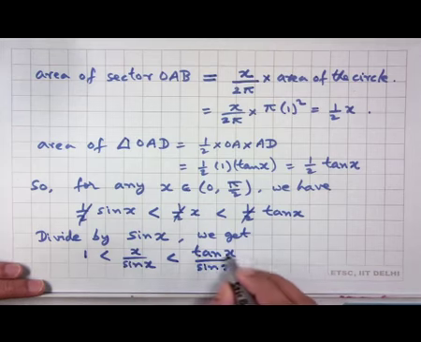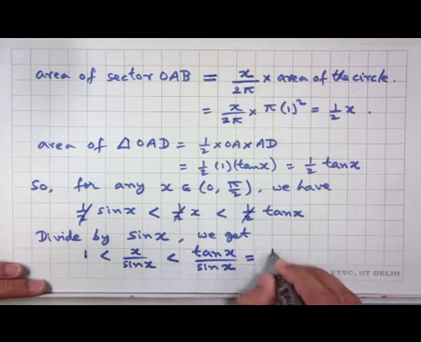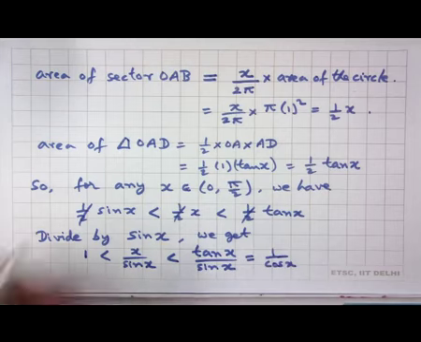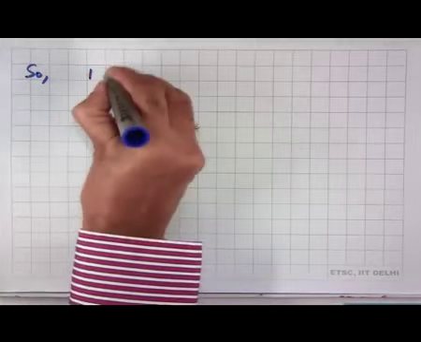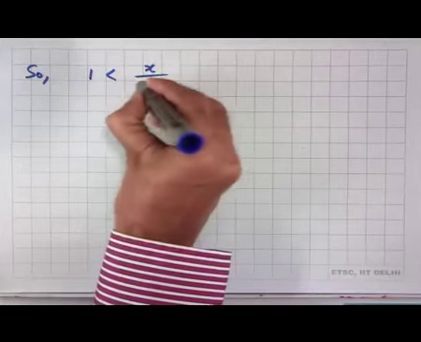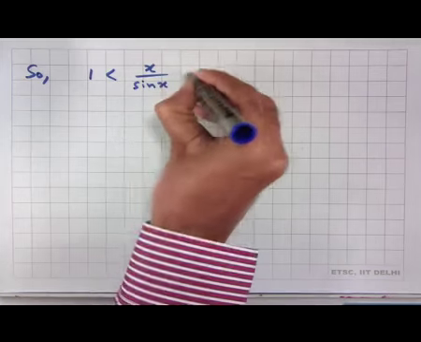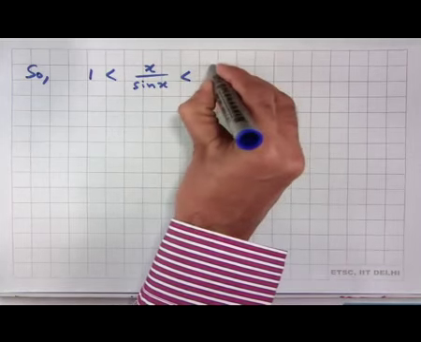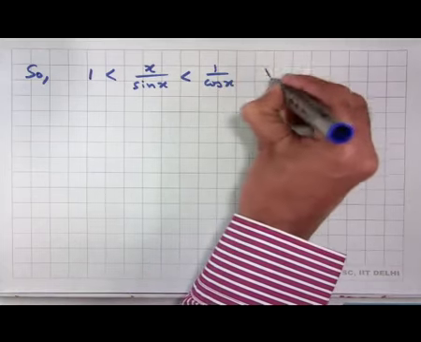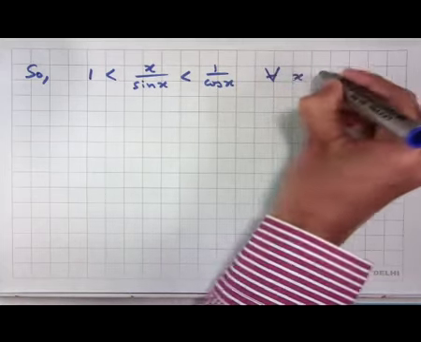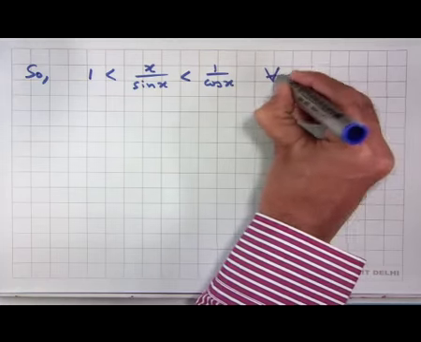But tan x is sin x divided by cos x. So, this is equal to 1 by cos x. So, the conclusion is that 1 is less than x by sin x, which is less than 1 by cosine of x for every x between 0 and pi by 2.